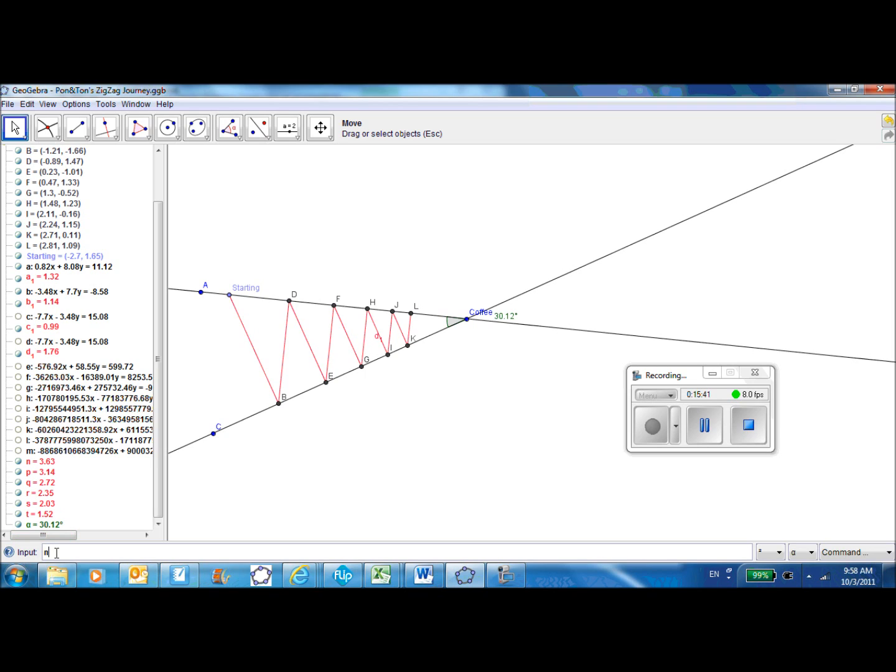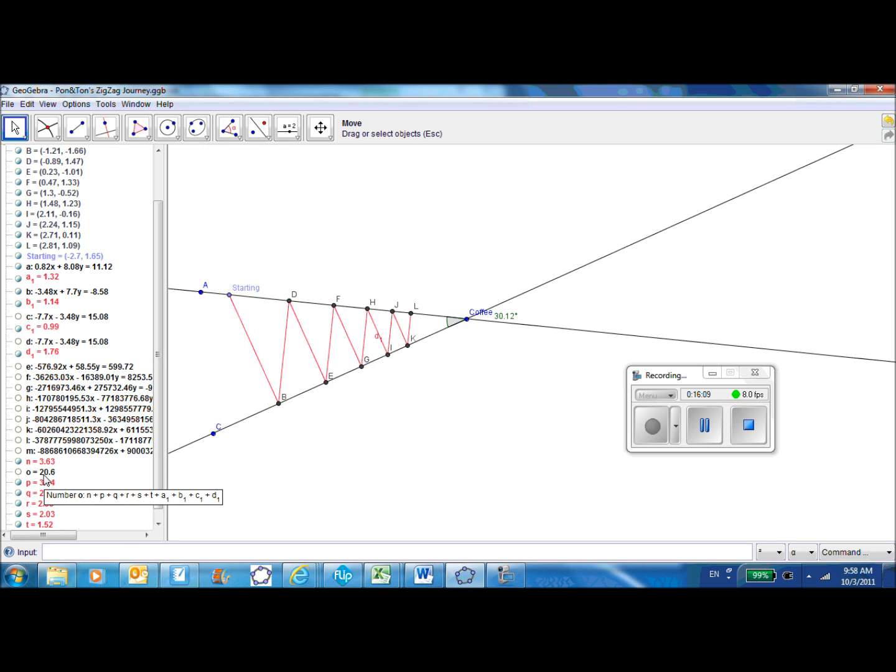And so we just enter the letters N plus P plus Q plus R plus S plus T plus, and by copying it I was able to see how to get the subscripts. You have to go A underscore 1 plus B underscore 1 plus C underscore 1 plus D underscore 1. And now that should add up to 10 distances.